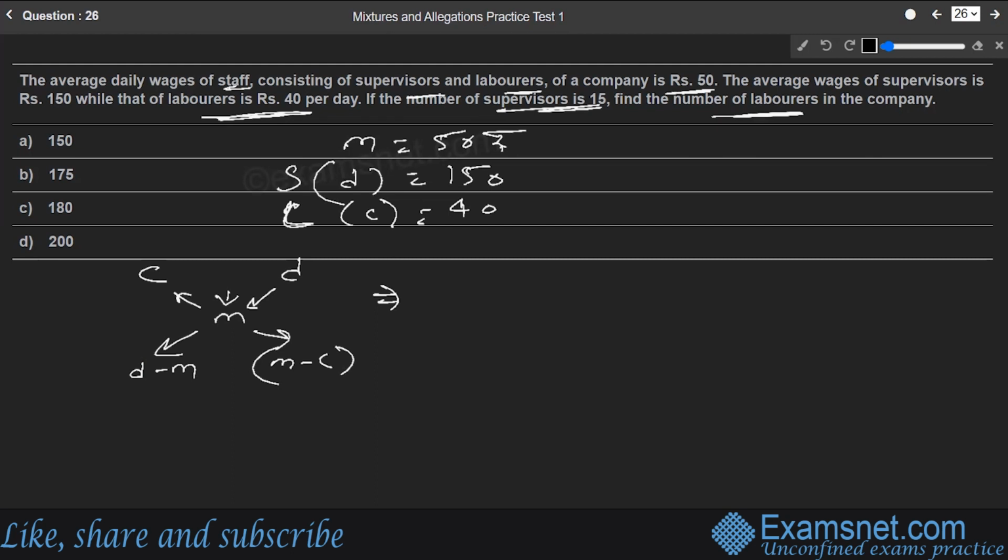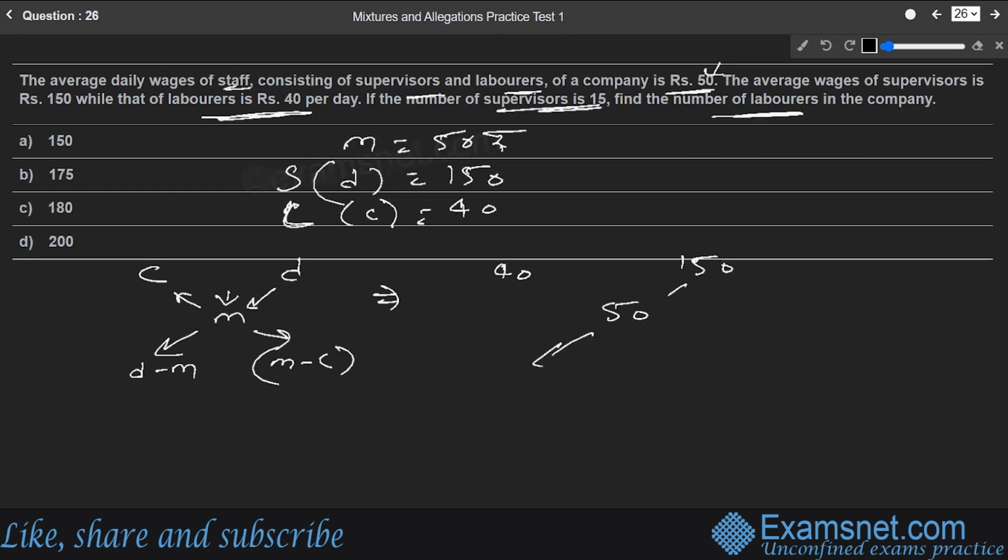The cheaper part is the cheaper labor, that is rupees 40. The dearer part is the costlier wage, that is rupees 150. So 40 and 150 are being mixed so that the mean wage given to all workers, which they have already mentioned as the average daily wage of staff members, is rupees 50. So the mean should be 50.